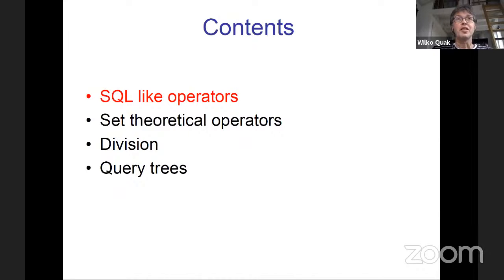If you look at this algebra, it looks kind of similar to SQL statements. Before I start with this relational algebra, I show you a bit about algebra with numbers and how you could use it to do optimizations on calculations with numbers.